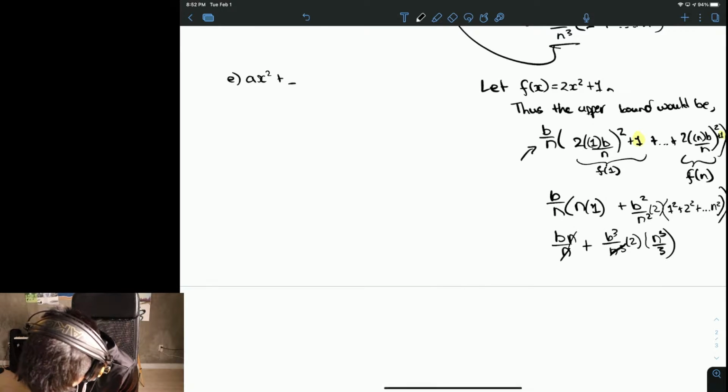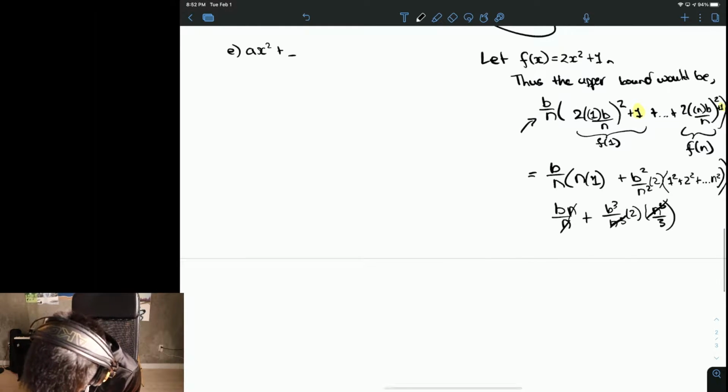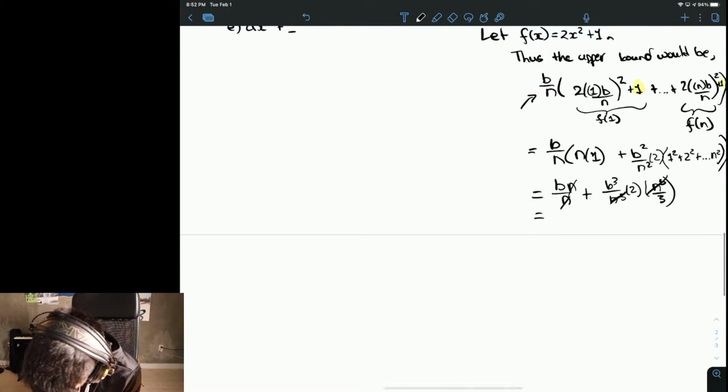So these cross out, and resultingly we get b plus 2b cubed over 3.